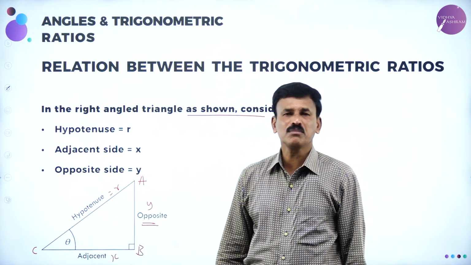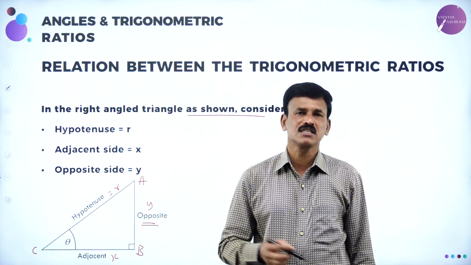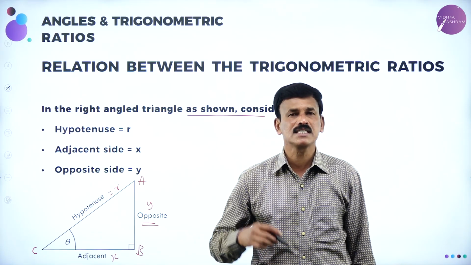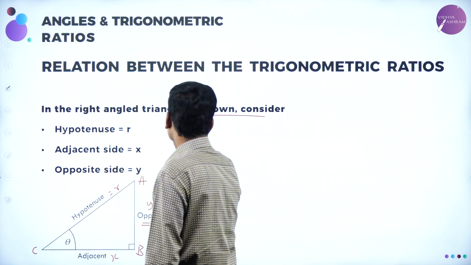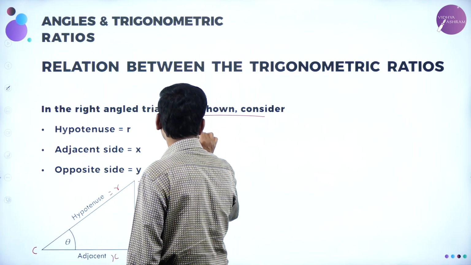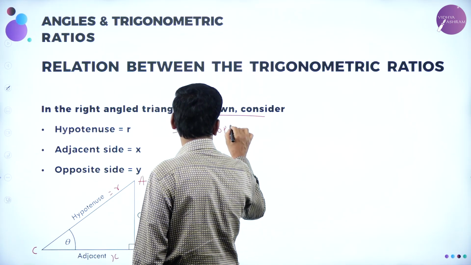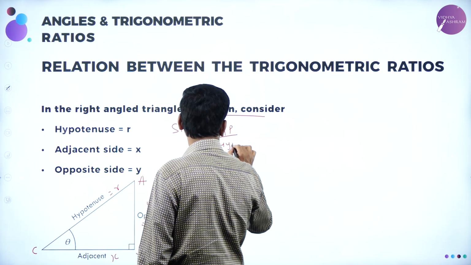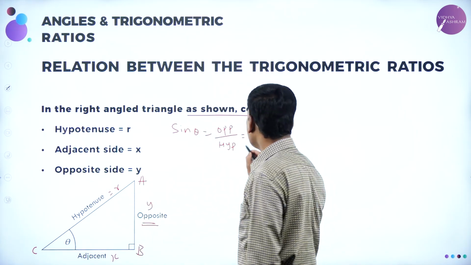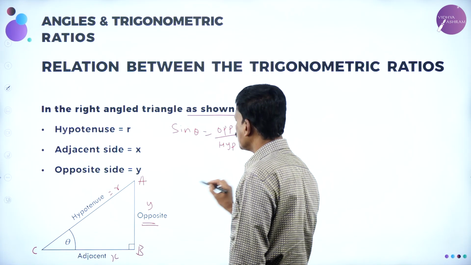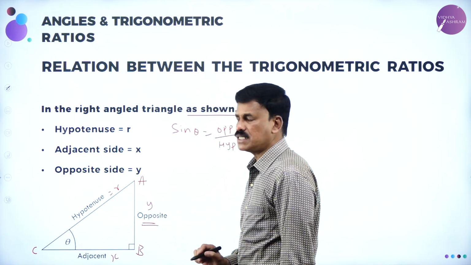Now the 6 trigonometrical ratios are defined as follows. Sine of angle theta is called sin theta. Sin theta is equal to opposite by hypotenuse. What is opposite? Y divided by R, that is AB divided by AC.